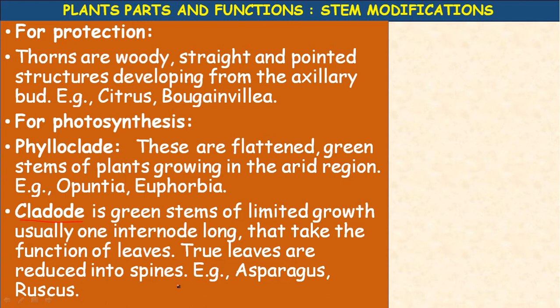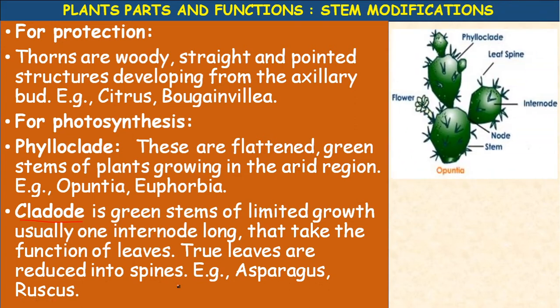So cladodes are green stems of limited growth, generally one or two internodes long, and perform the function of photosynthesis. So you can see Opuntia, flat, stem modified. Leaves are modified into spines and the stem becomes flat.